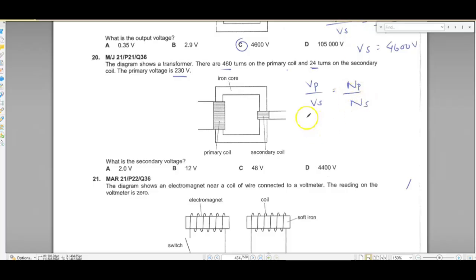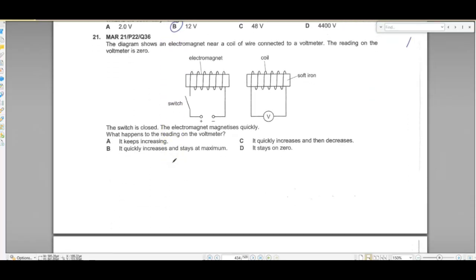Okay, the primary voltage is 230 volts. Secondary voltage we need to find, and the turns on the primary side are 460 and this is 24. So Vs is going to be equal to 12 volts. Okay, B is our correct option.